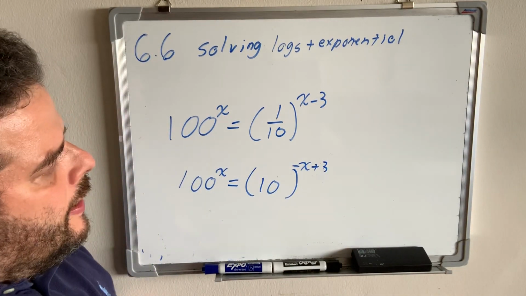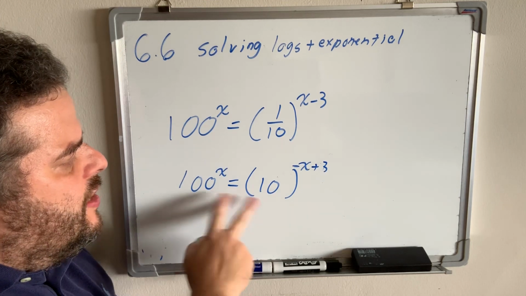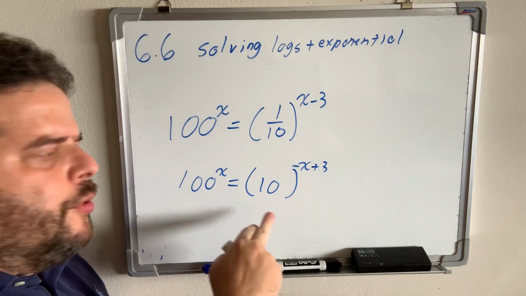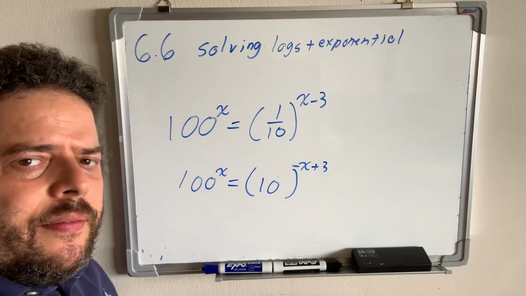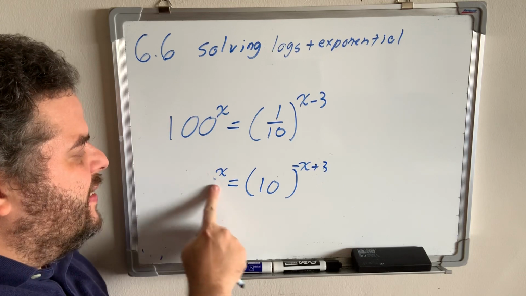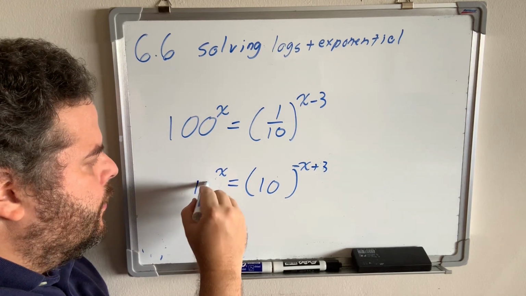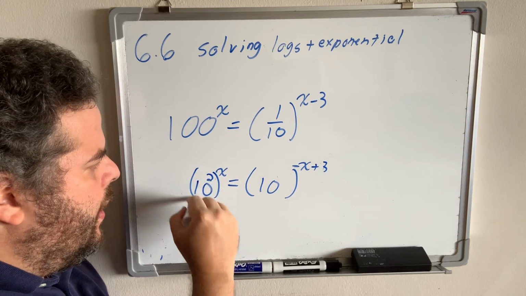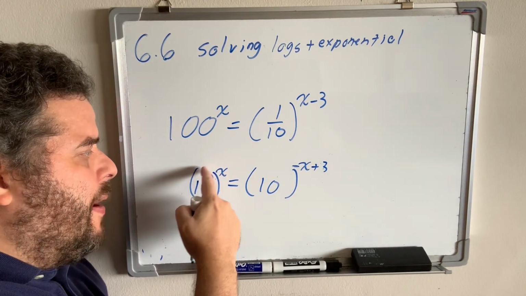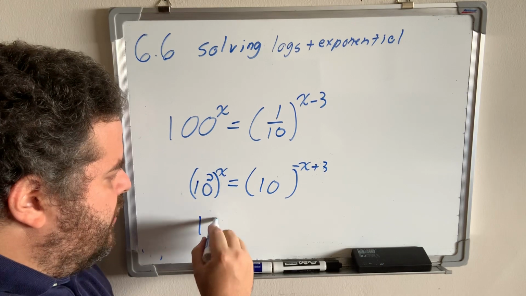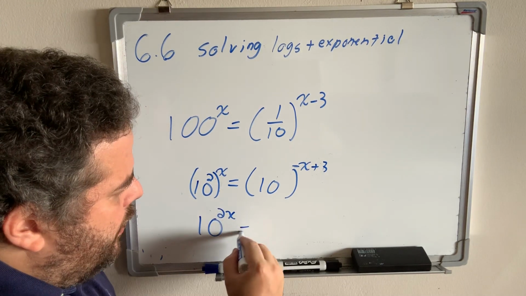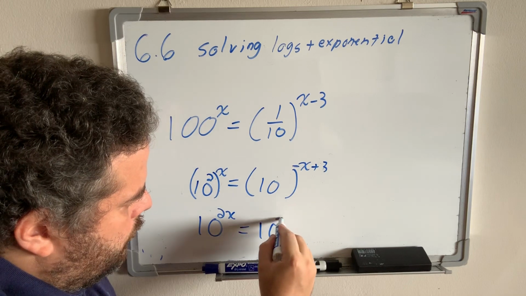Great. Now still I have to continue working with this. Notice that here I have a 100 and here I have a 10. You should know that 100 is the exact same thing as 10 squared. And again here I have power of a power, so I substitute that 100 to the x with this particular expression.